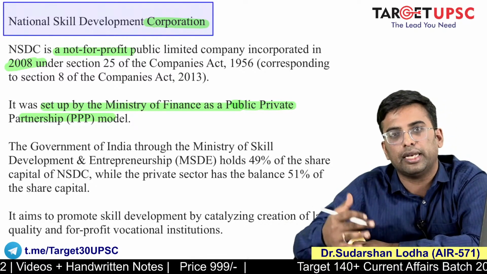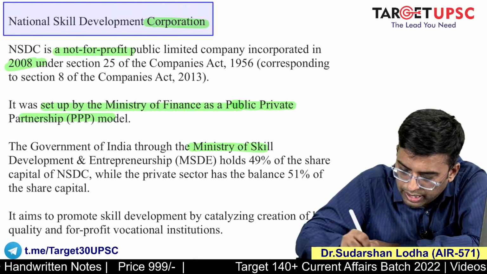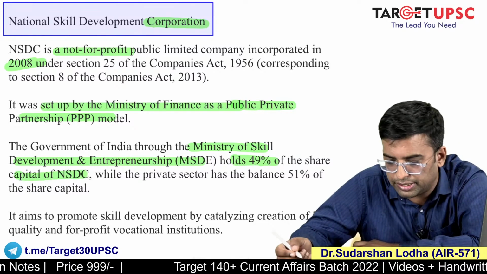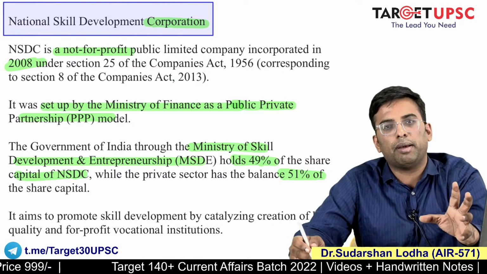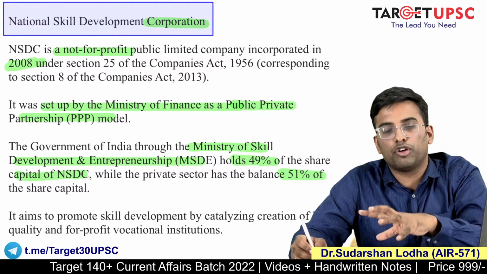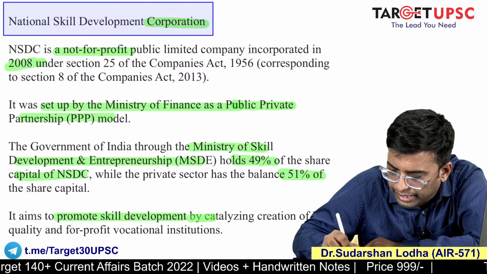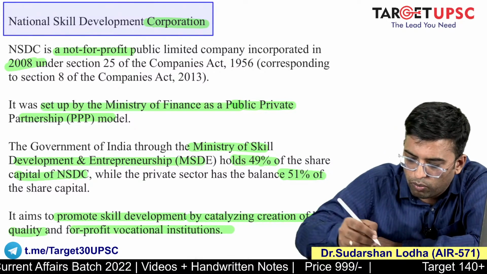So basically now it was set up by Ministry of Finance, but now it has been run through Ministry of Skill Development and Enterprise, which holds 49% of the share of NSDC, while the private sector holds 51% of the share. Though set up by Ministry of Finance, presently the major 49% is by Ministry of Skill Development and Enterprise, and it aims to promote skill development by catalyzing creation of large quality non-profitable vocational institutions.